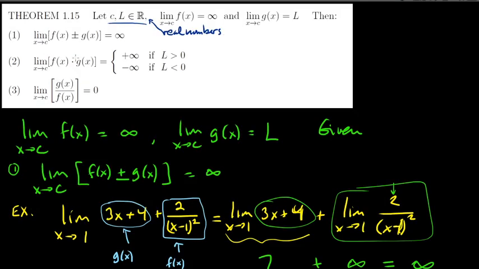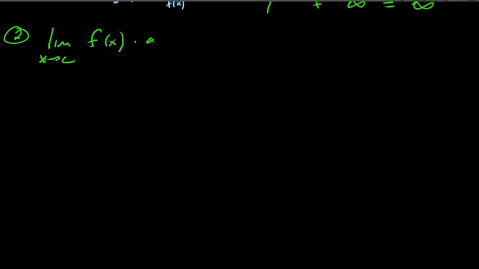The second one is a little more complicated, right? So you're multiplying f of x times g of x. So let me write that down over here. So we're taking the limit as x approaches c of f of x times g of x. And that's going to depend on L. That's going to depend on the limit of g of x.